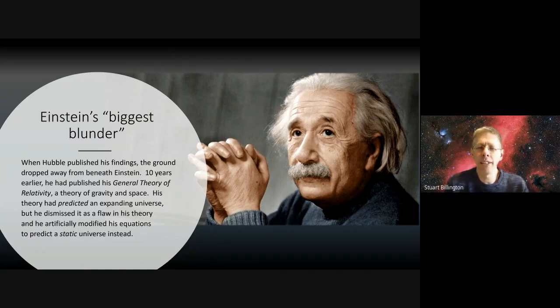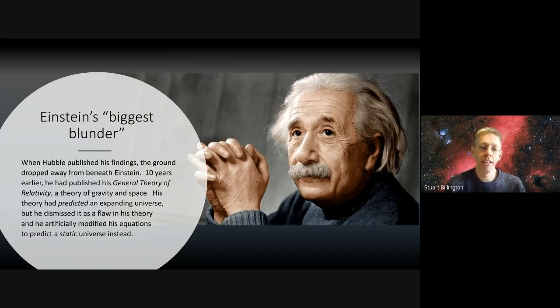No way is the universe expanding. The universe is eternal, infinite, timeless, the same forever. It's what people believed. Even Einstein thought he'd made a mistake. And so he took his beautiful, perfect theory and he added something to it to stop it predicting an expanding universe.